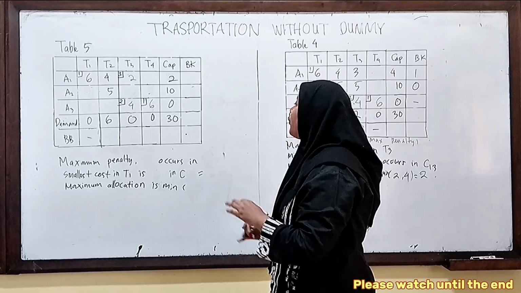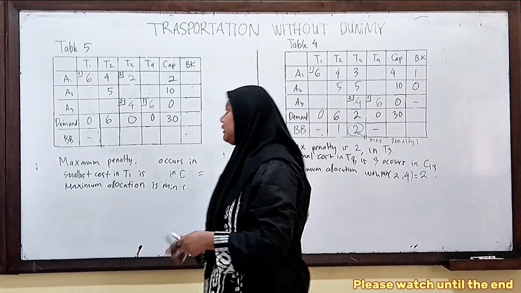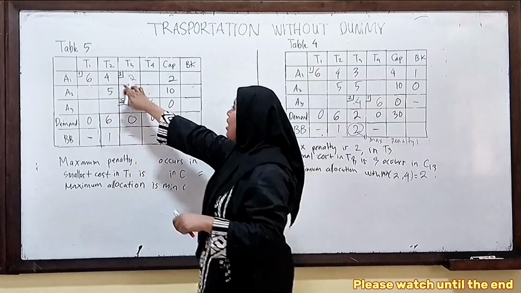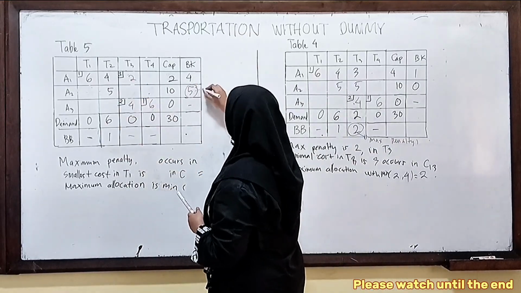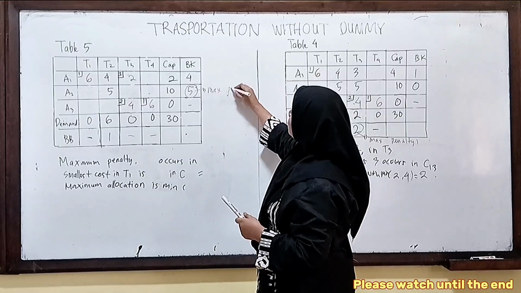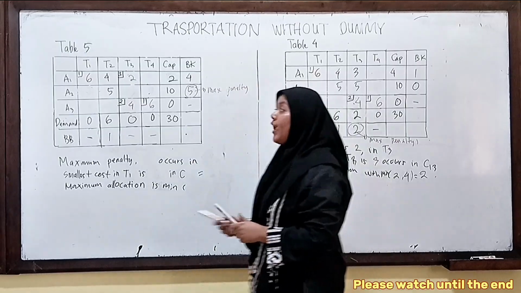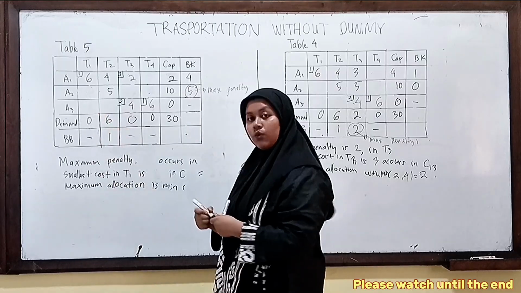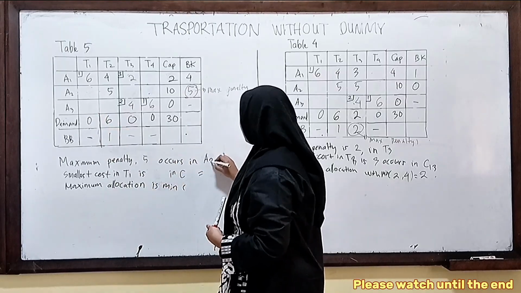Like before, we have to do the same way to define the maximum penalty. We can see the maximum penalty is 5. The maximum penalty occurs in row A1. We can write it here. Penalty is 5, 8.